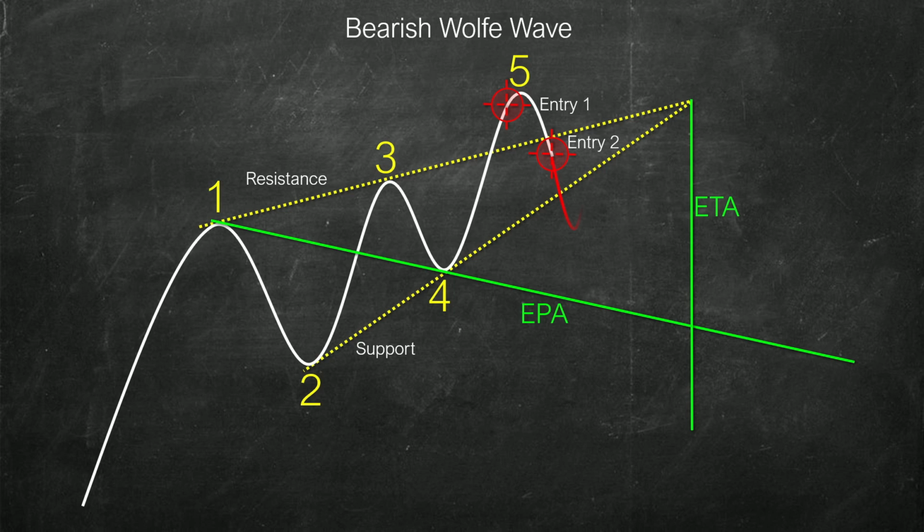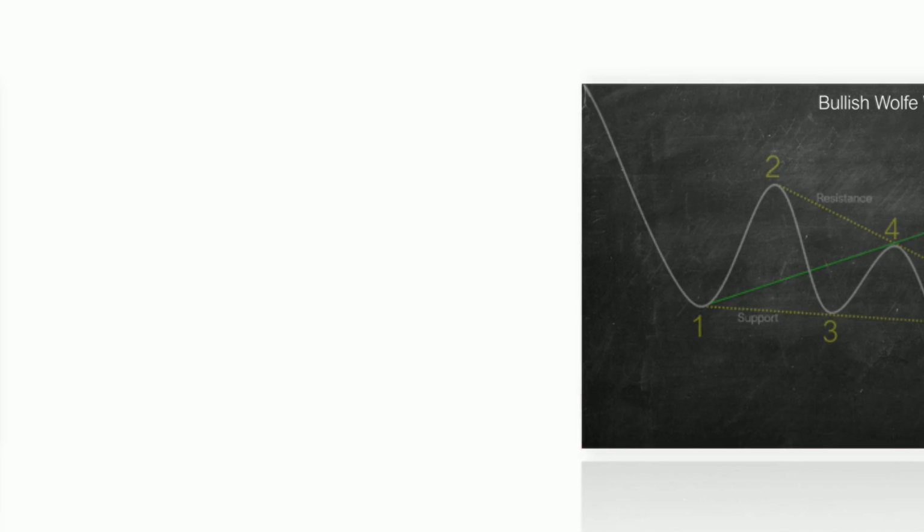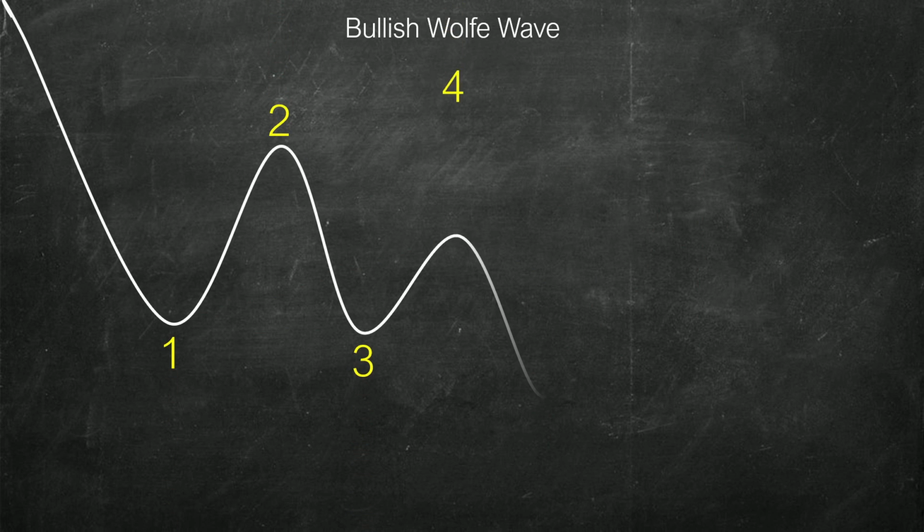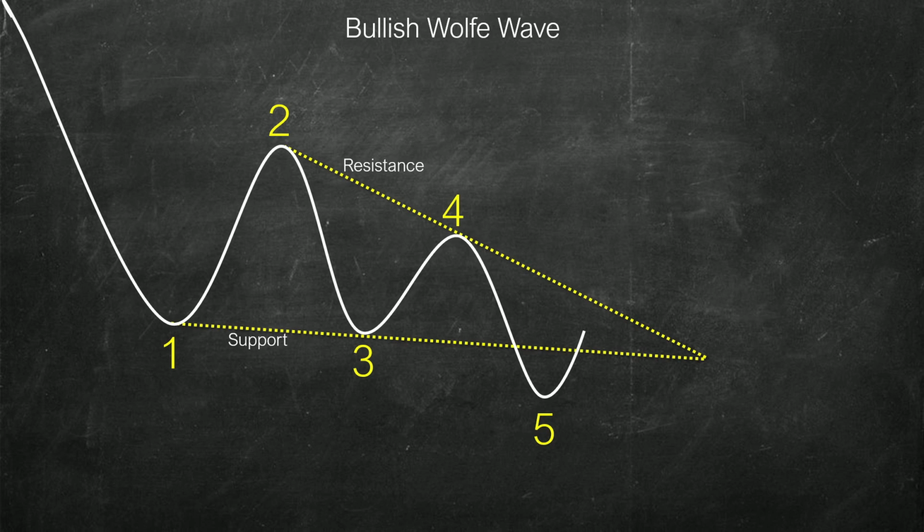By connecting the two lines, we now know at what price we will liquidate and approximately how long it will take before prices get there. For the bullish Wolfe Wave, everything is reversed. The resistance is drawn from point 2 to point 4, and the support is drawn from point 1 to point 3. But aside from that, the concept is exactly the same.